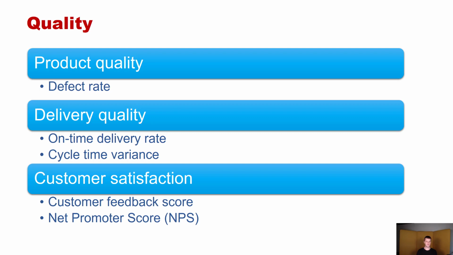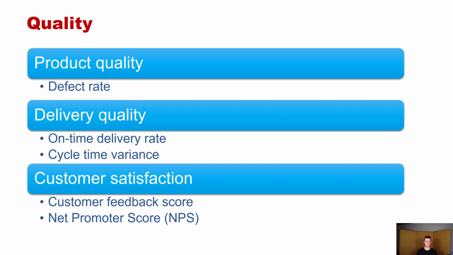And this is a rate that we want to keep as low as possible. Then we have delivery quality, usually measured in terms of on-time delivery rate, meaning that if you promise to deliver goods in 5 days, then the ratio of process instances during which this delivery requirement is actually met. And on-time delivery rate we want to keep as high as possible.